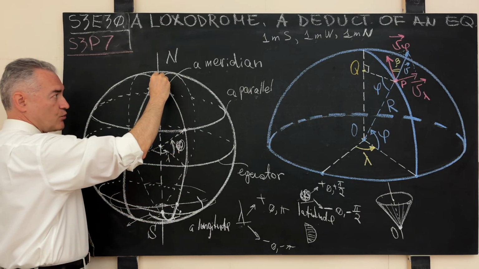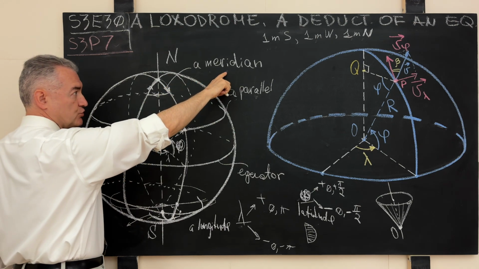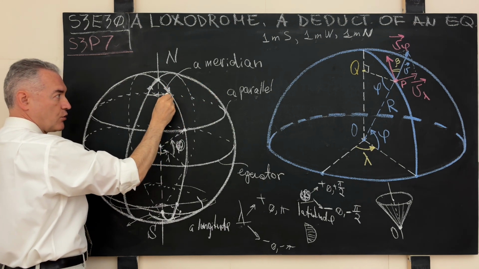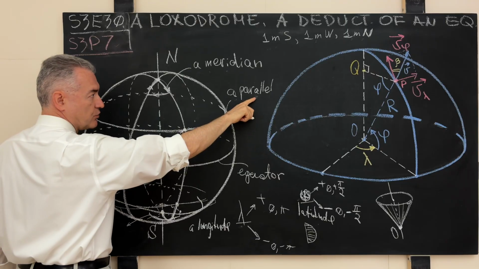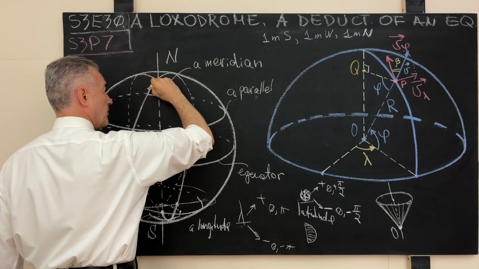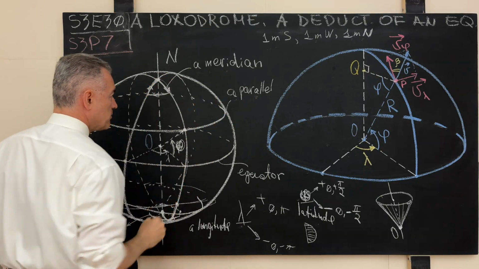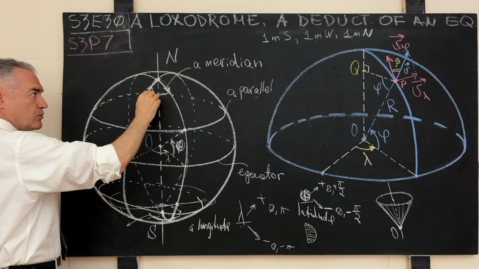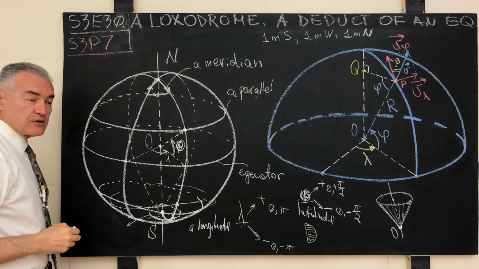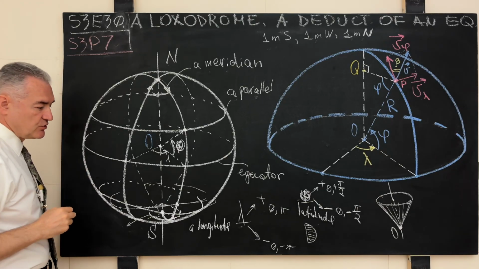So our initial walk will be along what? Along a certain meridian. Then we will walk westward along what? Along a certain parallel, and then we'll climb back along another meridian. So this shape will be an equilateral spherical triangle, and that is one solution.